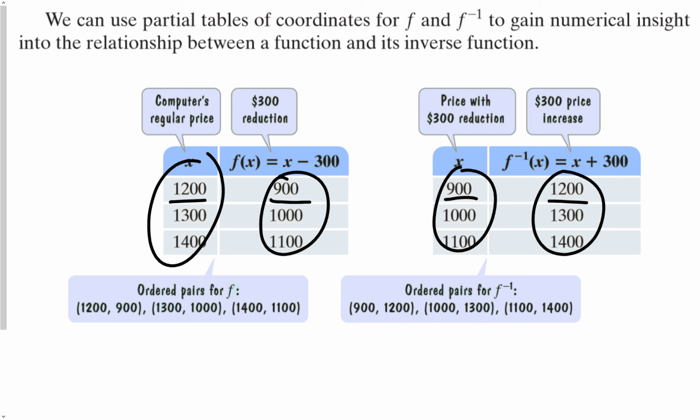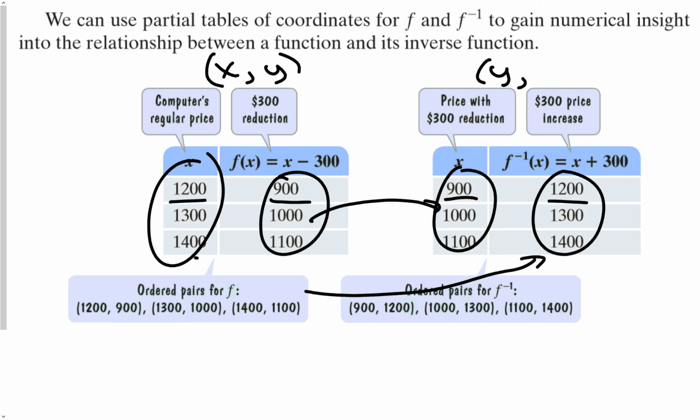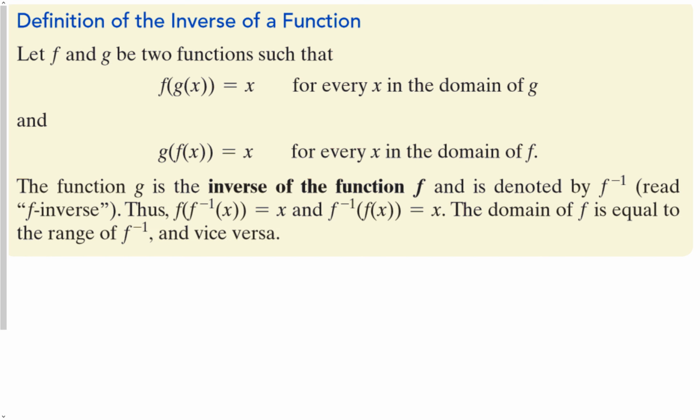So x's turn into outputs in my inverse, and outputs turn into inputs in my inverse as well. The set of ordered pairs x comma y in my original function turn into similar ordered pairs, but just y comma x. X's and y's switch. This is going to be a big part of how we connect inverses to each other.